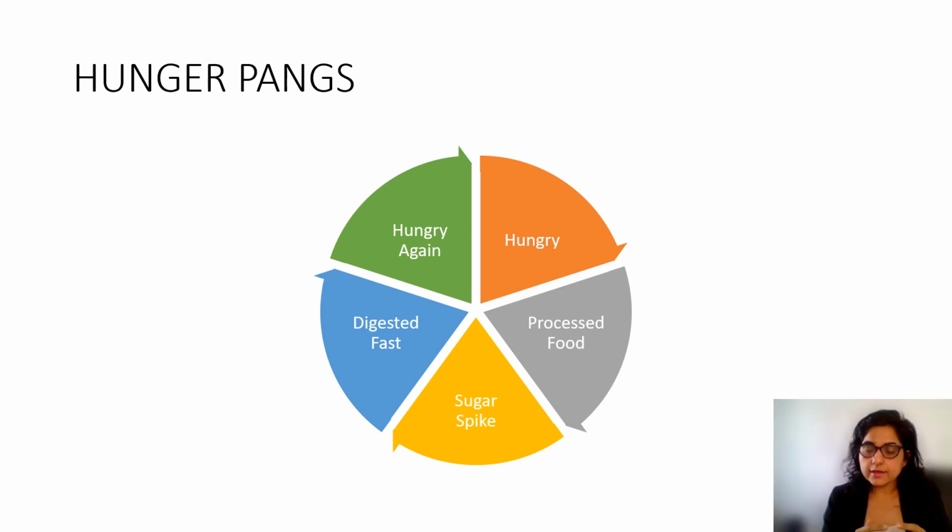On the other hand, if we are using unprocessed food or non-refined grains, it is going to keep us full for longer. Very simple example is white rice versus brown rice. Now, if we look at the calorific value, it is very similar for both brown rice and white rice. So it is a myth that you will have weight loss by having brown rice because you're having less calories. That is not the case.